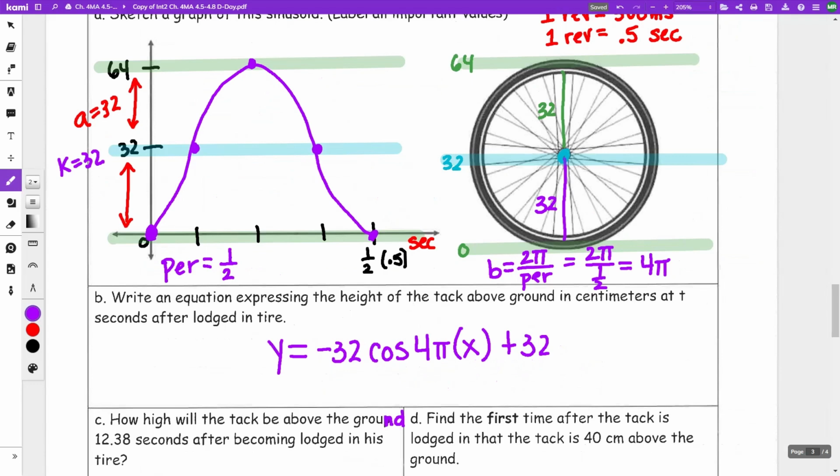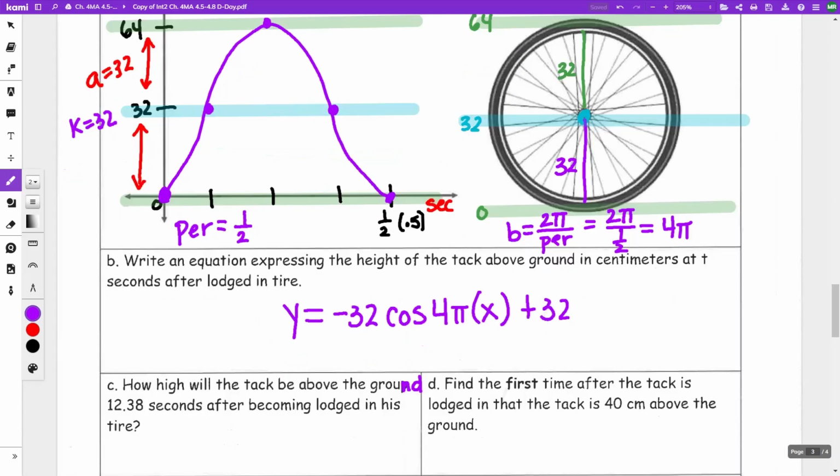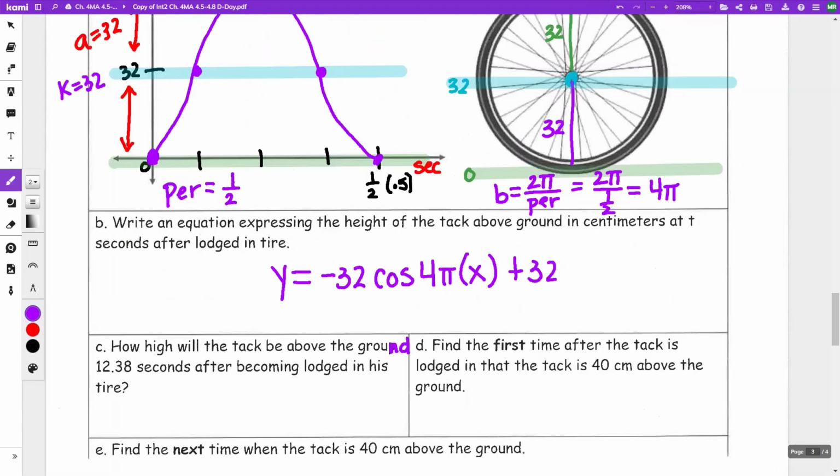So in this case, I'm basically going to go negative 32 cosine of 4 pi times 12.38 seconds plus 32. And I'm going to get that answer.